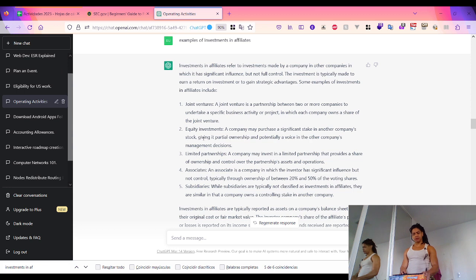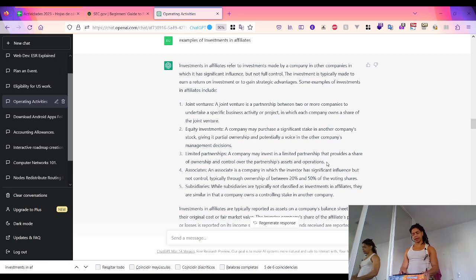A company invests in a limited partnership that provides a share of ownership and control over the partnership assets and operations.